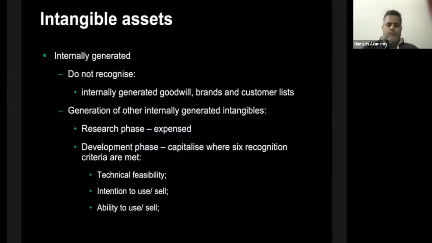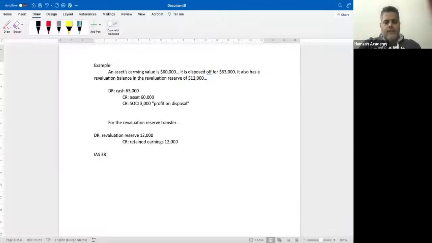So let me just write up the bold points for you. For the IAS 38, we have research and development over here. So research is planned investigation so as to get the competitive advantage in the market.